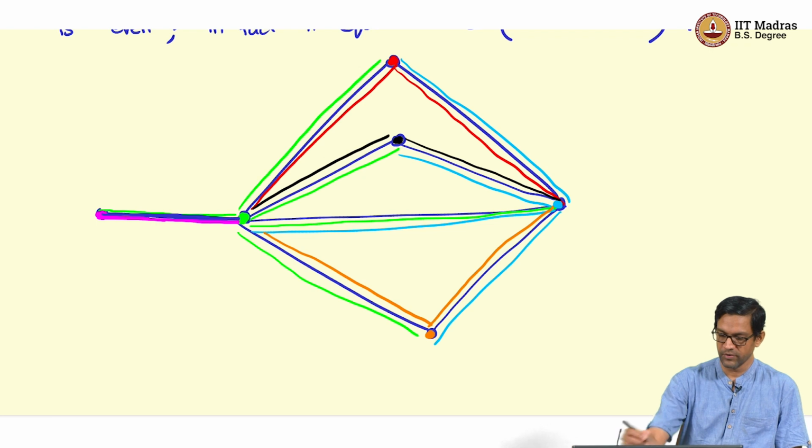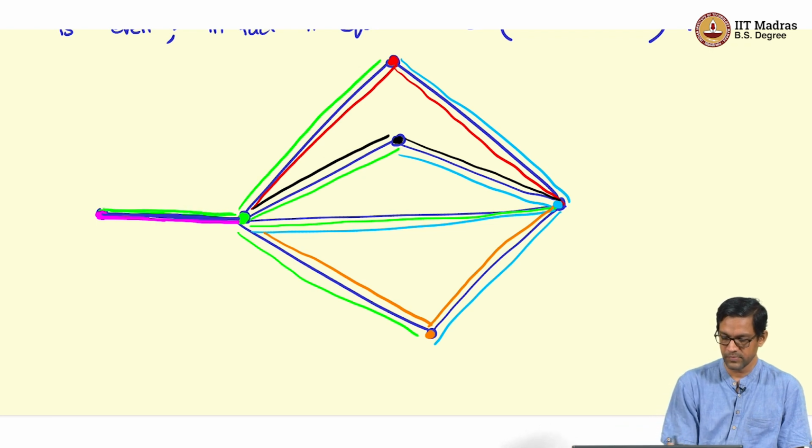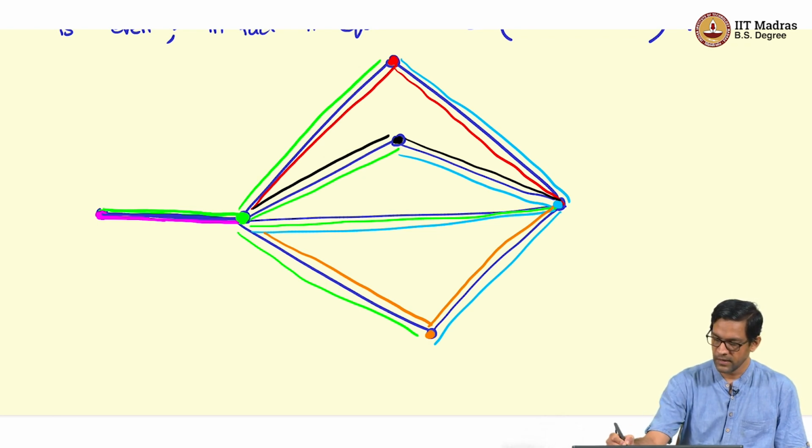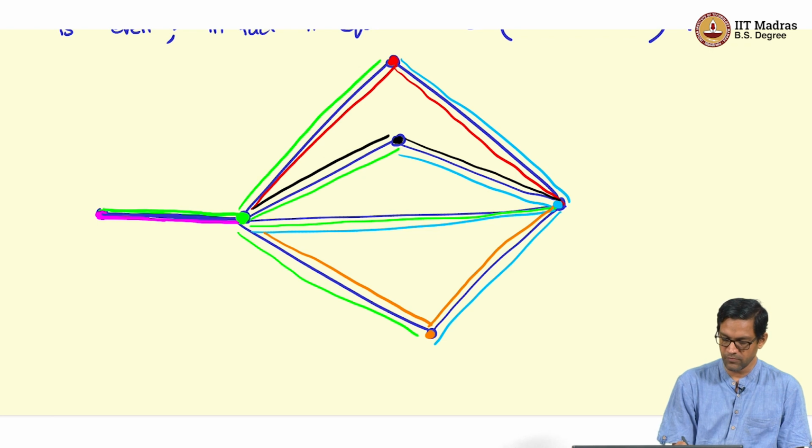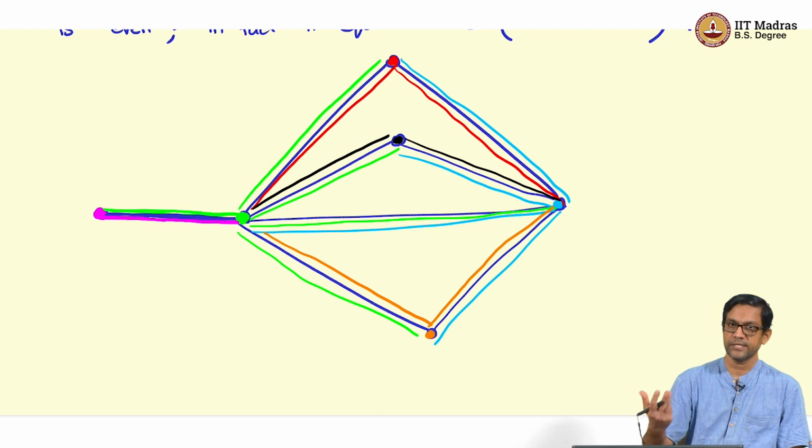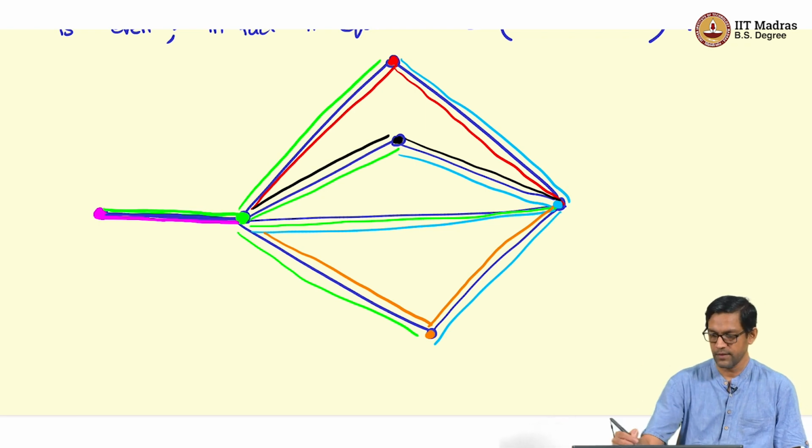I have drawn over it one line in green because that is what arose when I tried to calculate the degree of this green vertex, and then I need to also account for it once in this violet color because it comes up when I try to calculate the degree of the violet vertex. Like that, every edge in the original graph gets counted twice when you take the total sum of all the degrees, once for a vertex on one end, once for the vertex on the other end.